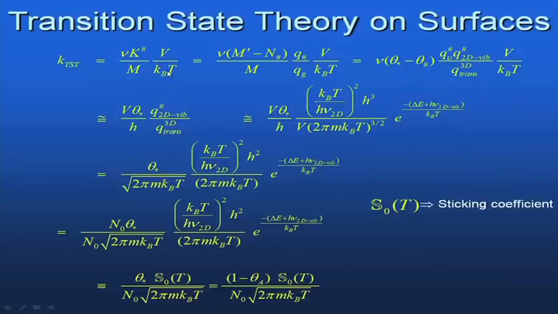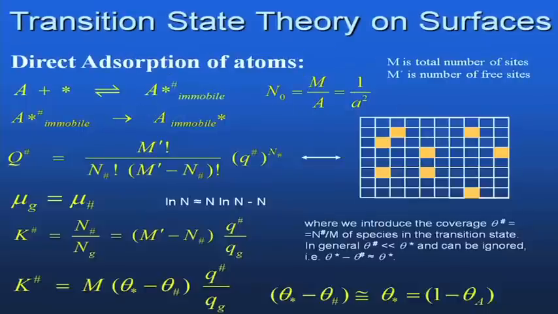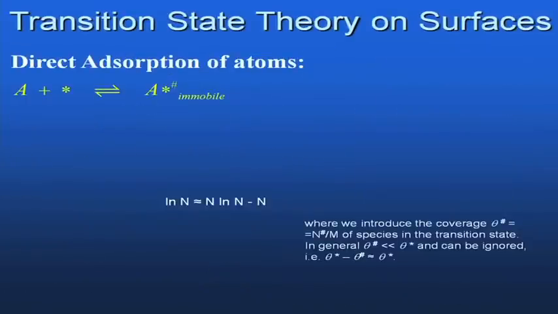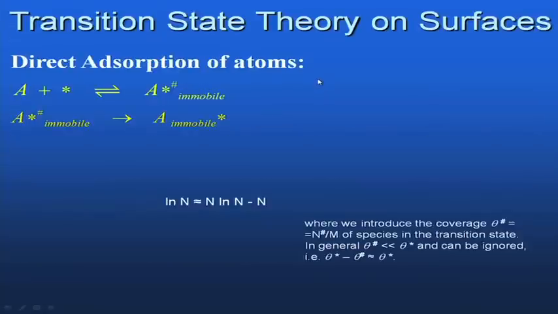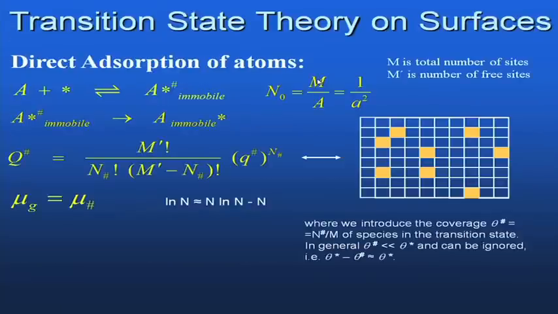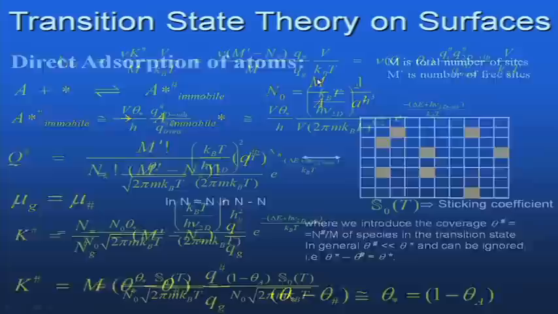So, you recall your earlier lecture on indirect adsorption. Let us go back to that. That will help you in recognizing the part. So, if you just remove this one, then your KTST is nu K double dagger m V by KBT. That we are using over here.